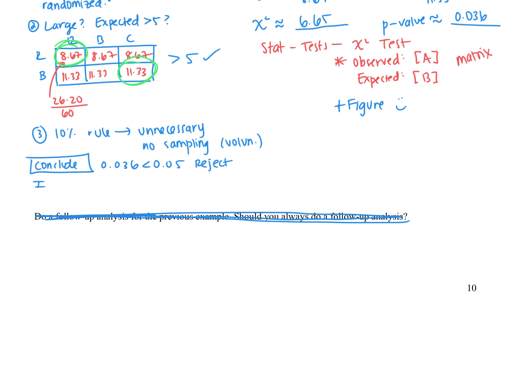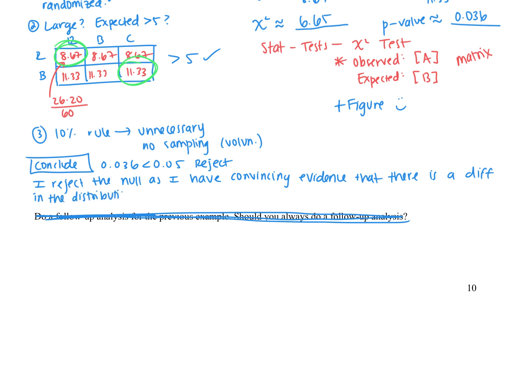I reject the null, as I have convincing evidence that there is a difference in the distributions of color choice for people receiving red, blue, or control surveys.